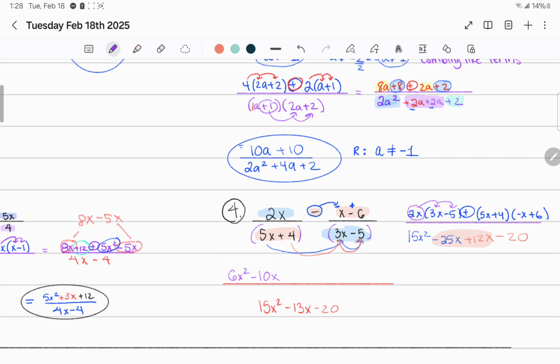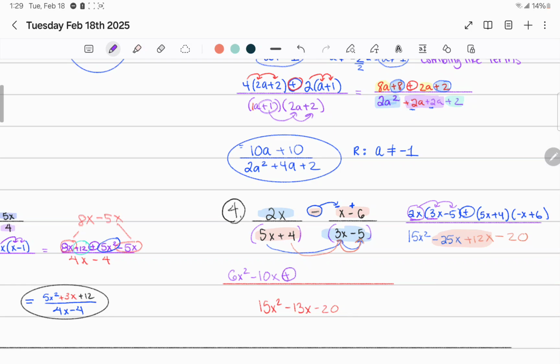I did 2x times negative 5, that's negative 10x. So remember that the 5 doesn't have an x, so we're just putting 1. Compared to 2x and 3x, they both have x's, so that's why there's power of 2 here.